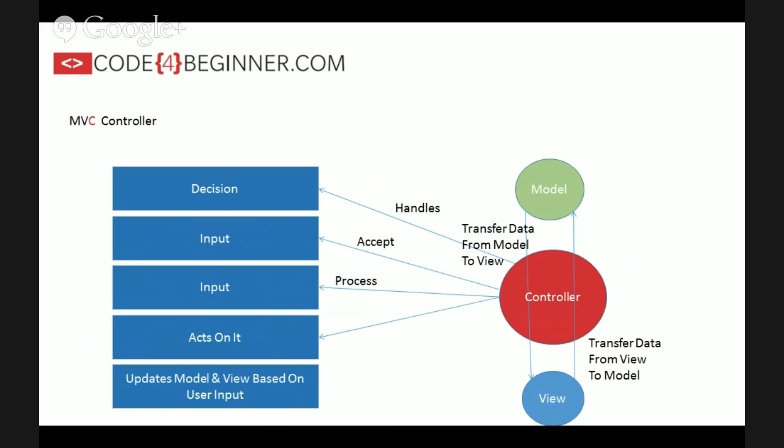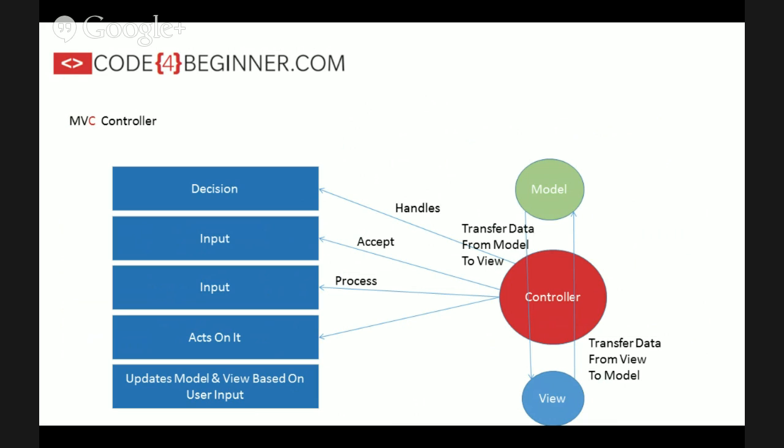Now let us look at the C in MVC, which is actually the controller. Controller handles decision. It accepts user input. It processes the user input and it acts on it. One example is when the user wants to update a model, it sends input to the controller. Controller analyzes the input and it updates the model or it updates the view based on the user input.